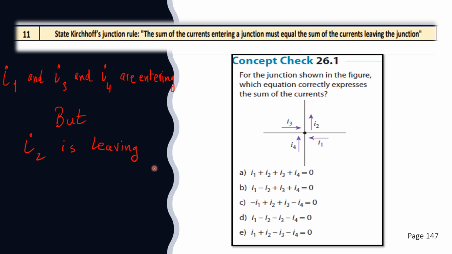So according to Kirchhoff's junction rule, we write plus I1 plus I3 plus I4 minus I2, because I2 is leaving the junction. The sum of all of them must be equal to 0. And this is equivalent to answer B, where I1 minus I2 plus I3 plus I4 is equal to 0.